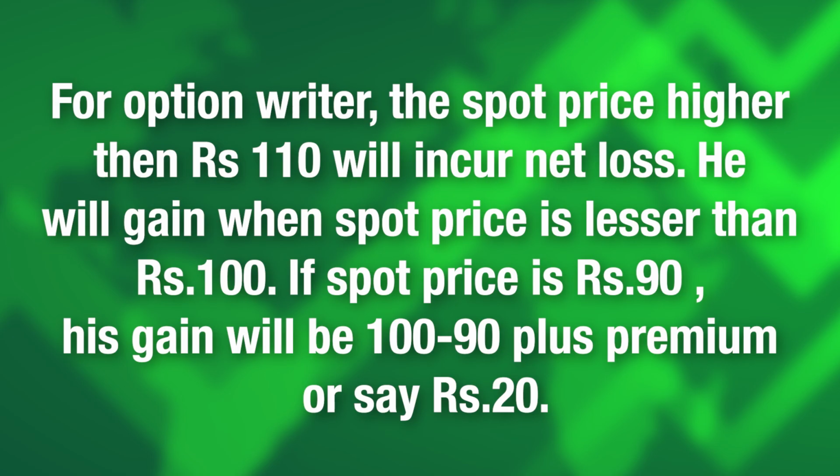For the option writer, a spot price higher than 110 will incur a net loss. He will gain when the spot price is lesser than rupees 100. If the spot price is rupees 90, his gain will be 100 minus 90, 10, plus premium, or say rupees 20.